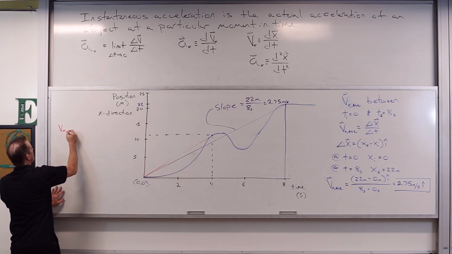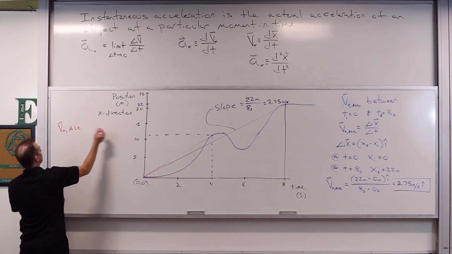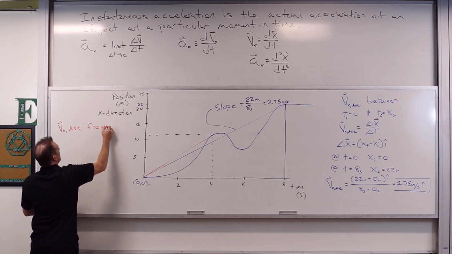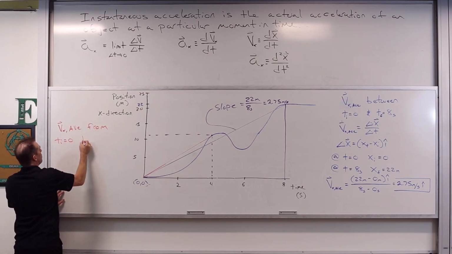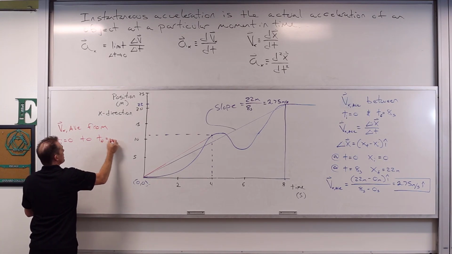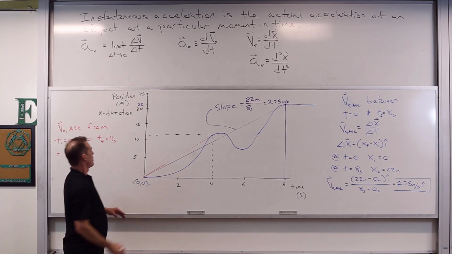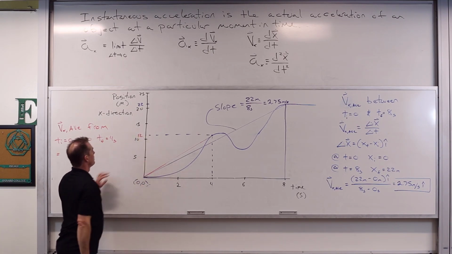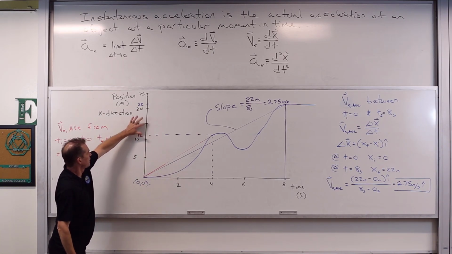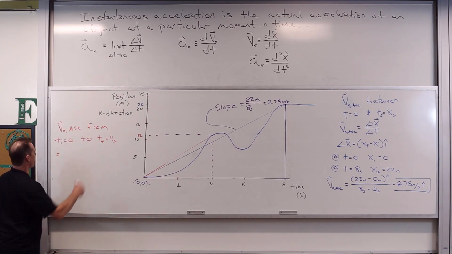So v sub x average from t initial equal to 0 to t final equal to 4 seconds is equal to, oh, we need a delta x over delta t. Let's say that that is 12 meters right there. 12, 13, 14, 15, that seems reasonable over 4 seconds.